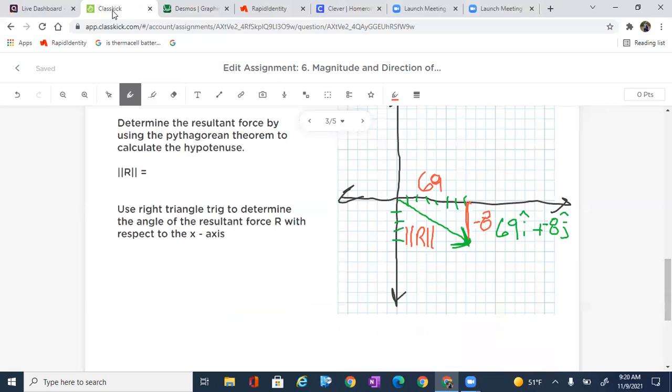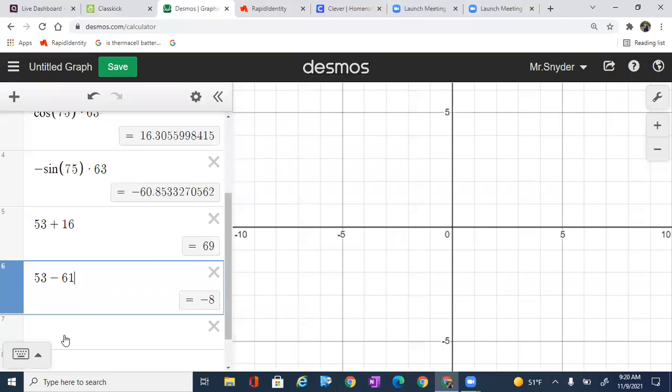Notice that we have a right triangle, and that is just simply the Pythagorean theorem. So I'm going to write 69 squared plus negative 8 squared in parentheses equals c squared. We'll use that since it's the Pythagorean theorem. Okay. And I'm just going to go over to Desmos and type all that in.